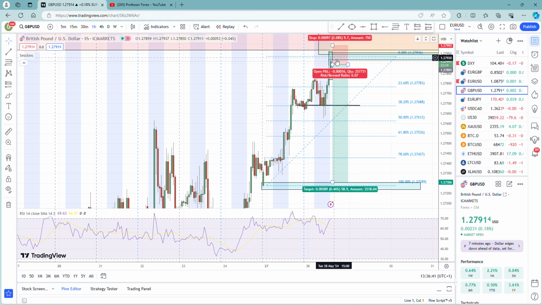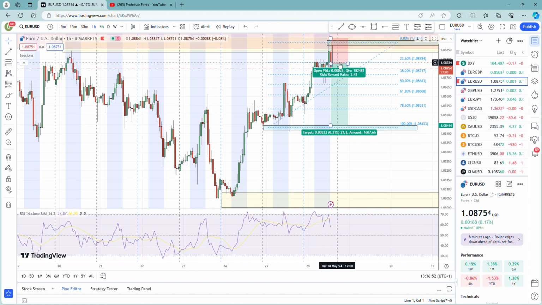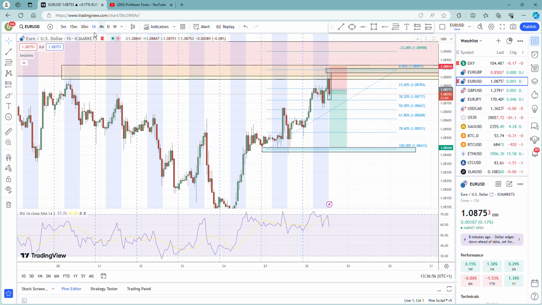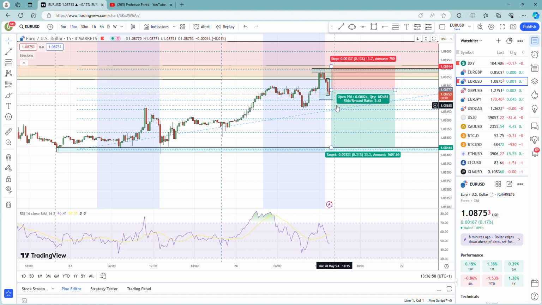So I've just shown you here on GBPUSD a potential trade setup. It's not ready. It's at resistance at the moment, but you've got to wait for a bearish engulfing candle before you can enter the trade. So I can monitor this one. However, I've already entered on EURUSD, and look at that. What a perfect entry on the H1 candle.